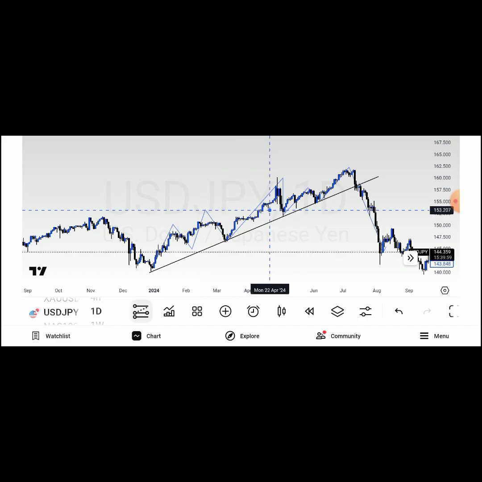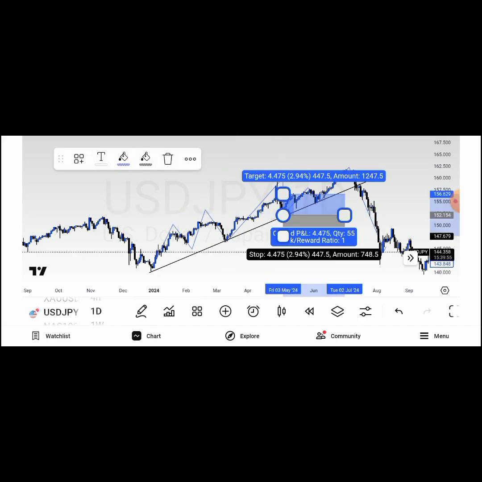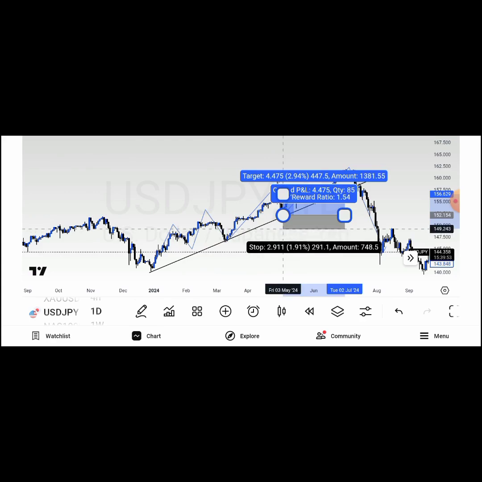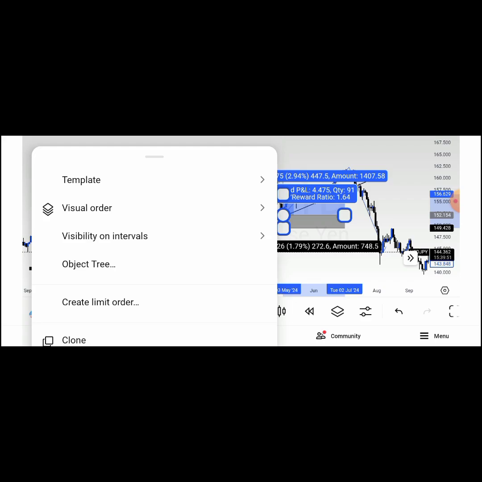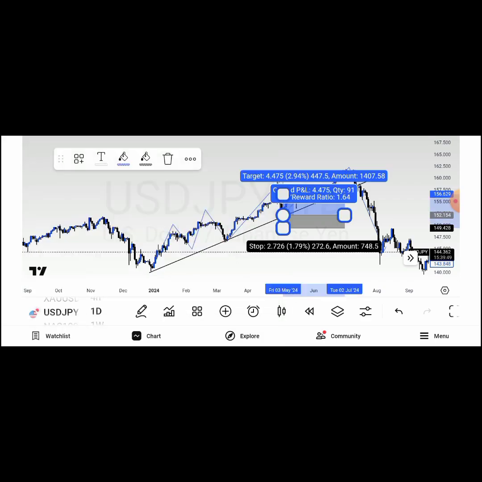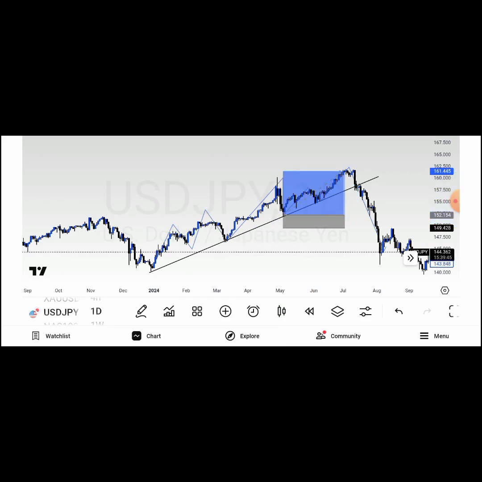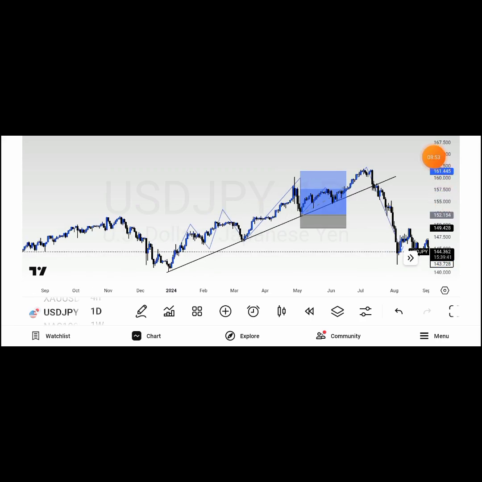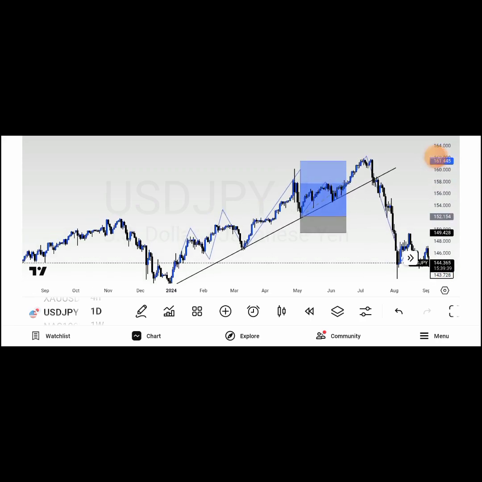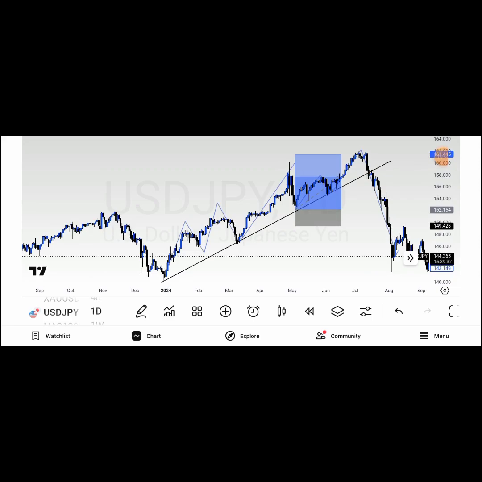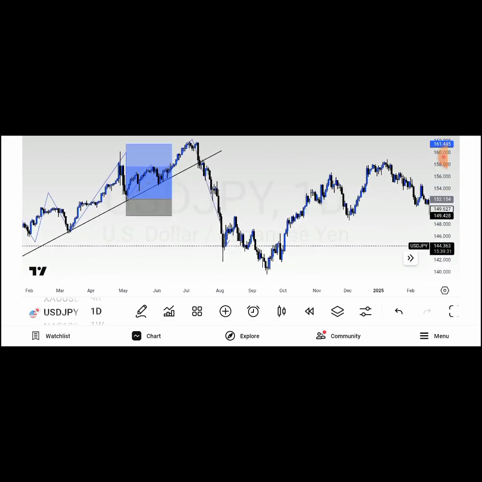So you can buy from here, place your stop loss, and then maybe place your profit up here. All right, so this is it, guys. If you trade like this, you will make profit from here, but that's not the focus right now.